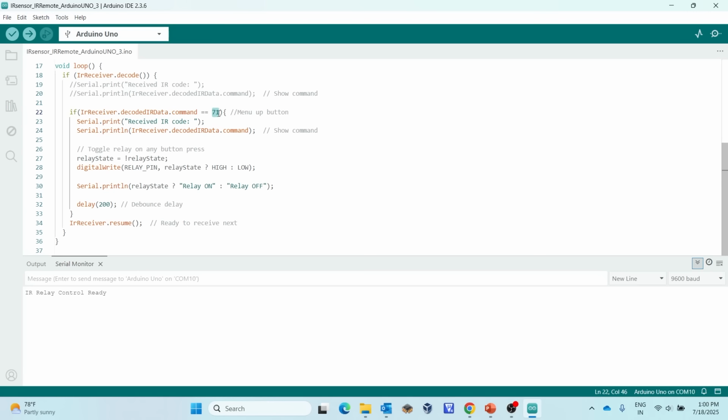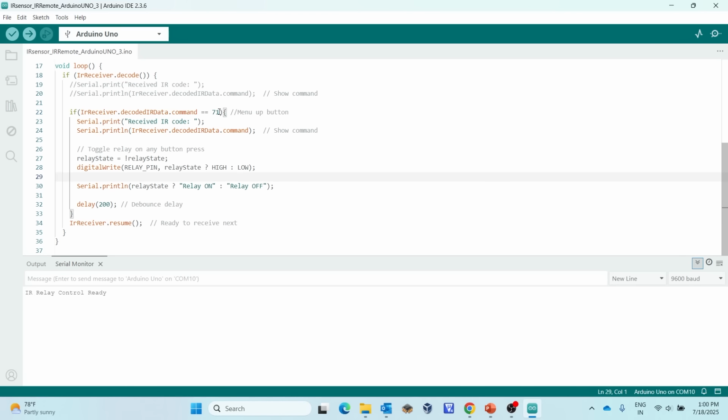So I saw that in the previous case. So that is why I have taken 71 here, as the data transmitted from the menu up button is seen in the previous case.